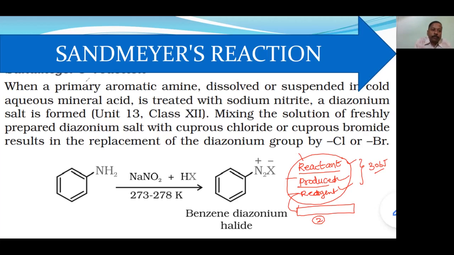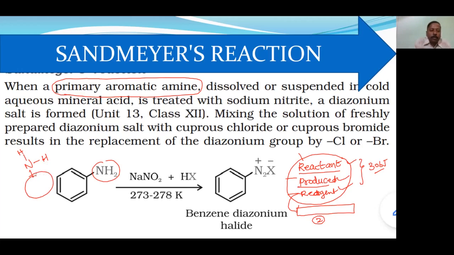First of all, the reactant is a primary aromatic amine. So what is an amine? NH2. Nitrogen is trivalent. On that, if two places are hydrogen and only one place has an organic substance, then it is called a primary amine.